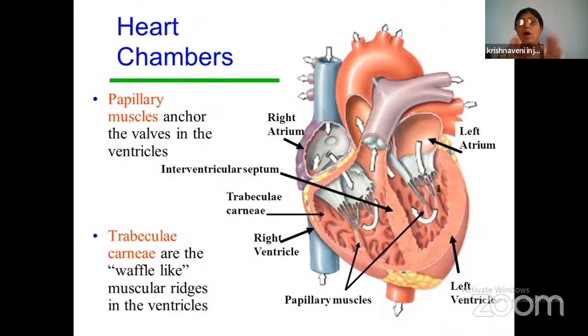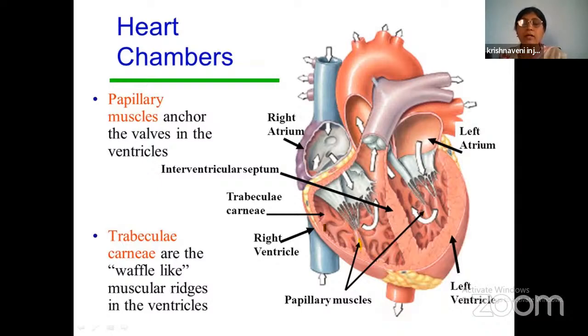Here you can observe all the chambers. So far we have discussed one by one. You can observe at a time all the chambers or internal structure of the heart. Where is the papillary muscle? Here you can see the papillary muscle, cone-like.